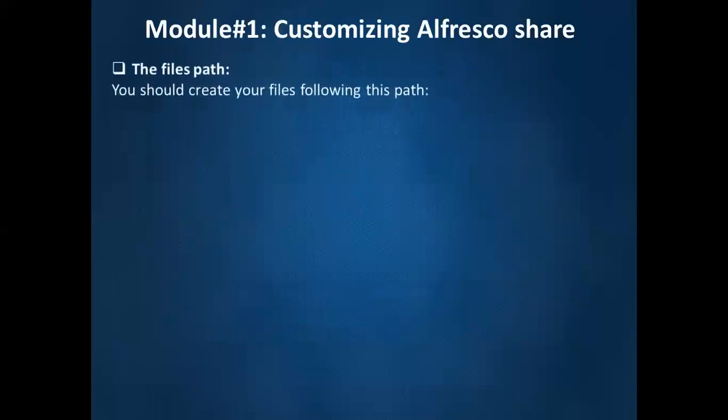Let's see the path now. For covering this lesson, we need to create 4 files, and we need to think about where these 4 files should be. You should create your files following this path.